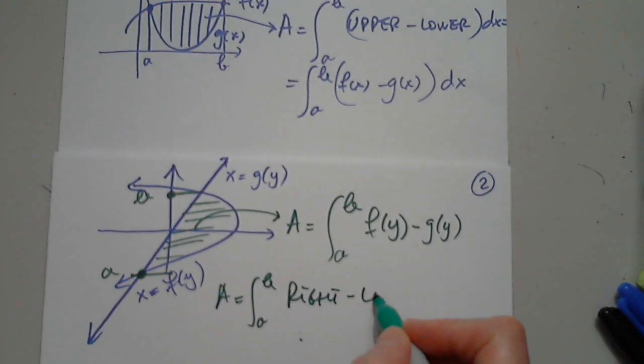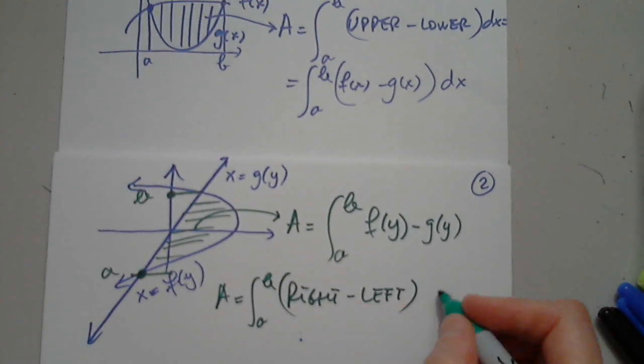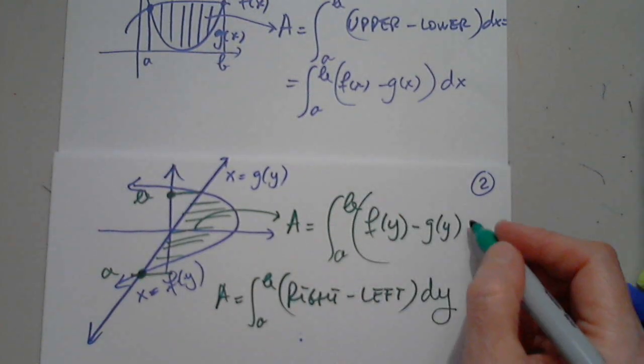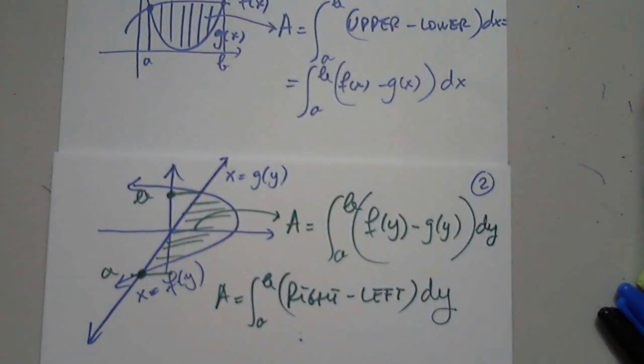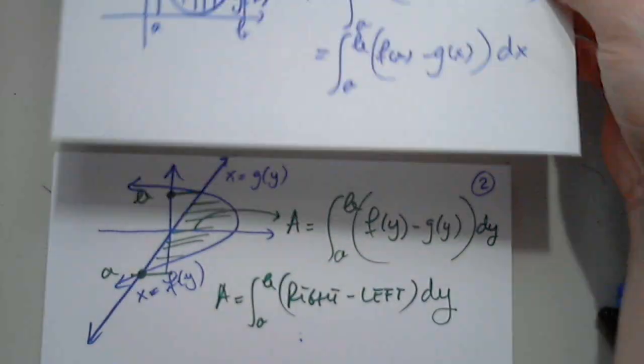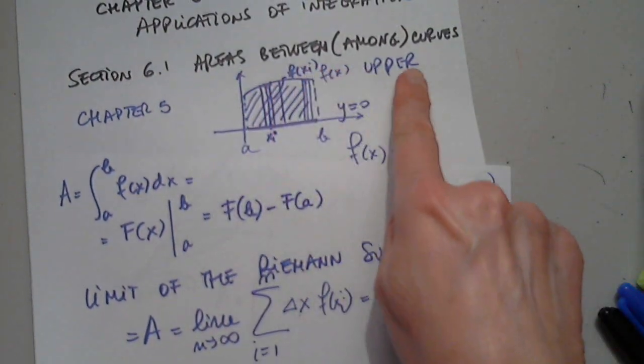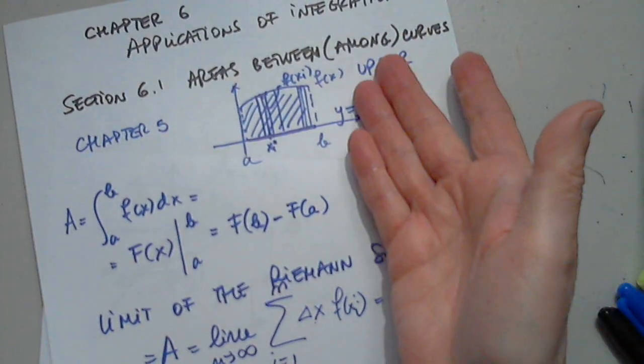Right minus left, but of course dy. So we're going to apply these principles and ideas in a couple of examples to illustrate how to determine the areas between two or more curves.